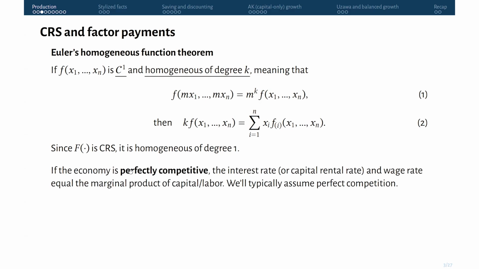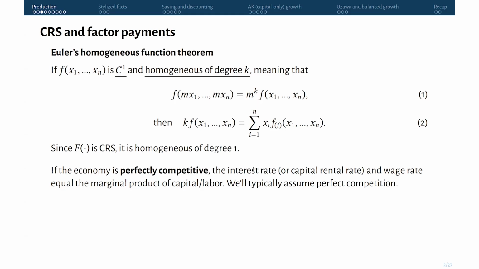So let's say the economy is perfectly competitive, meaning that the amount that each factor gets paid, like the total wage bill and the total amount collected in interest on capital investments, will equal the marginal product of that factor times the quantity. So each unit gets paid its marginal product. The intuition for this is pretty straightforward.